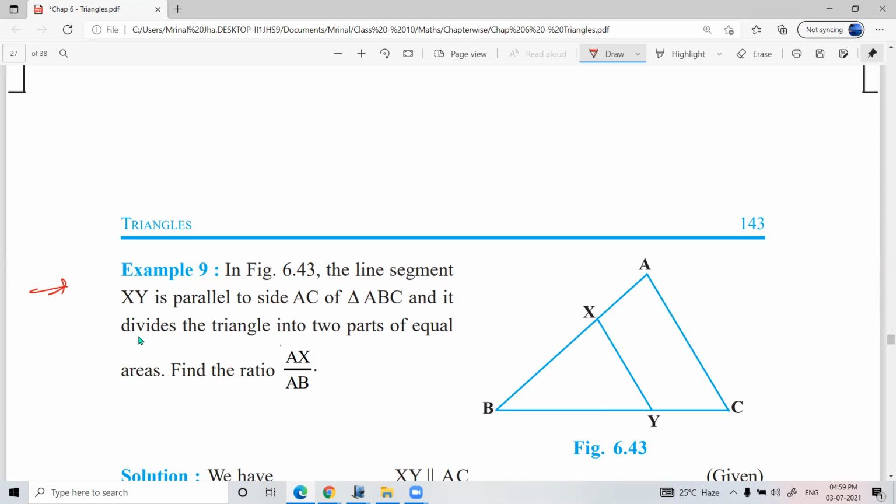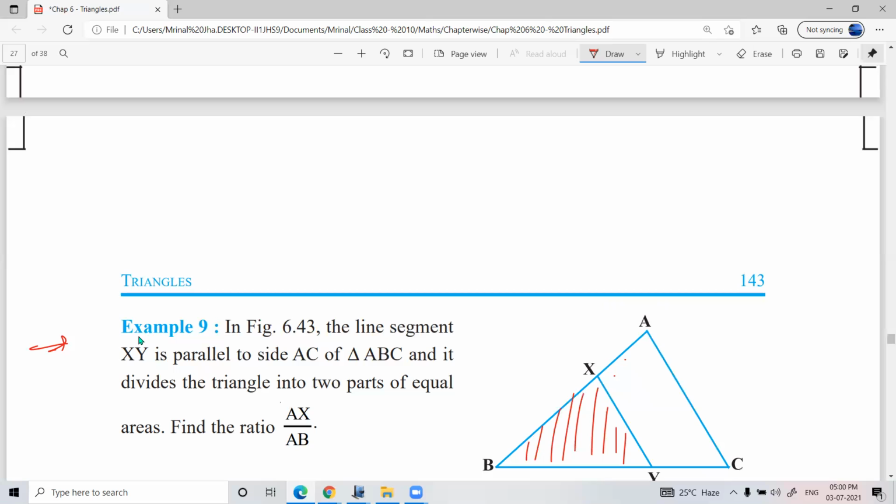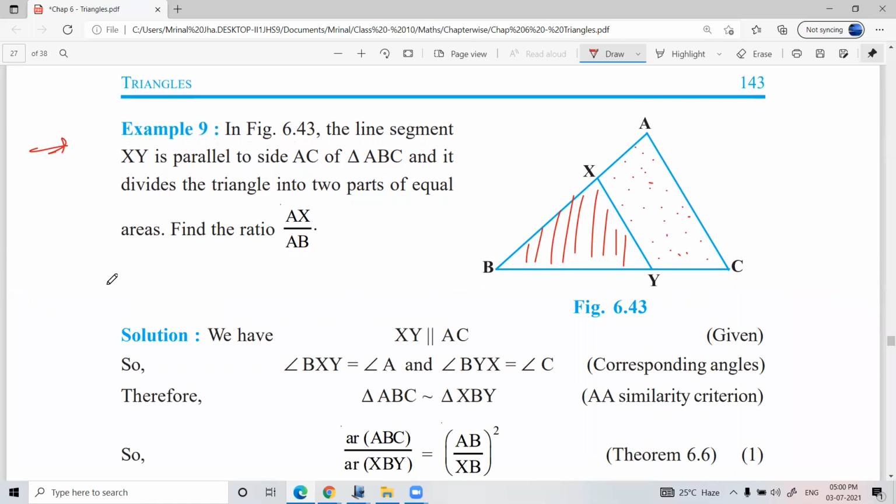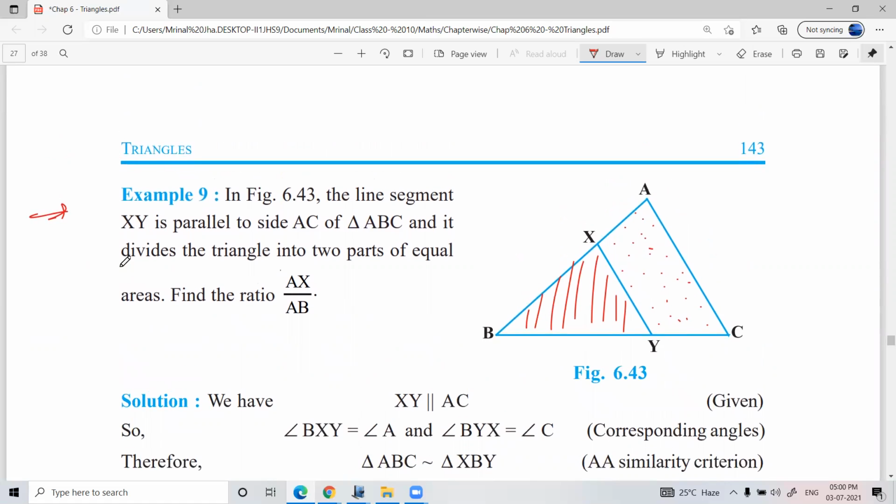This xy is dividing the bigger triangle into two equal areas. So area of this part is equal to the area of this part. So what will be the ratio of area of this triangle with respect to the bigger triangle?